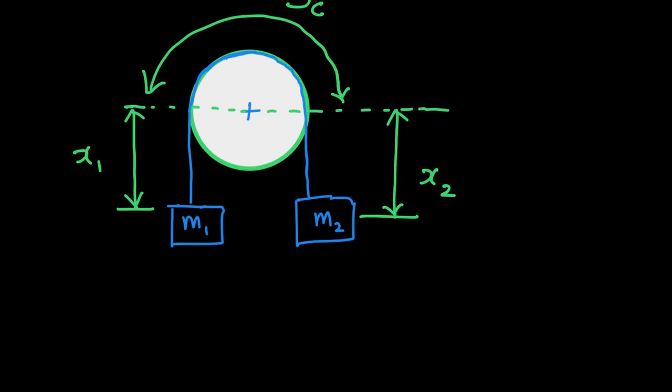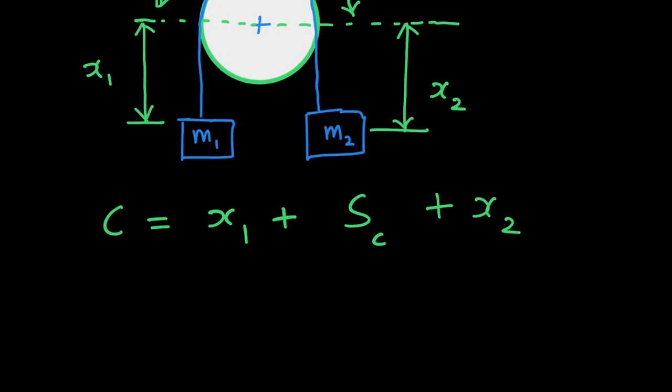The length of the thread, which is a constant c, can be written like this: little x1 plus capital SC, the portion which wraps over the pulley, plus x2.